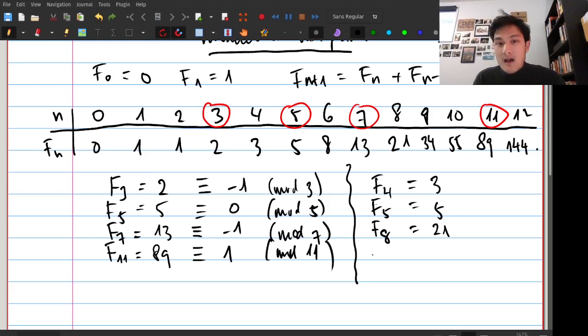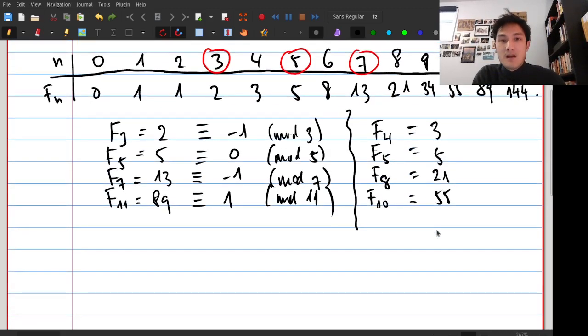And we see that this pattern continues because for f11, we don't add 1 this time, we subtract 1 because we had a different sign here. So 11 minus 1 is 10, and f10 equals 55, which is a multiple of 11. Okay? So that's the pattern that we're going to see here.